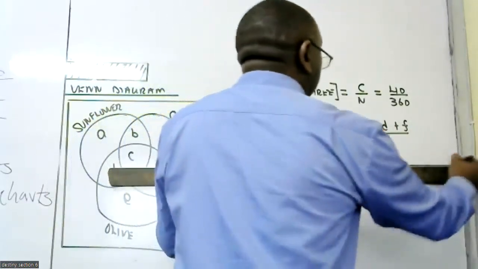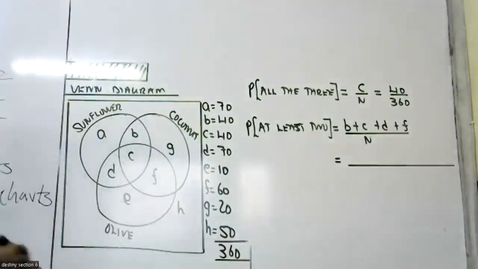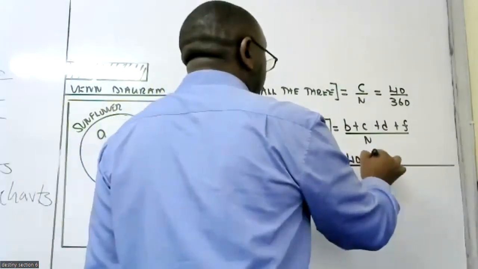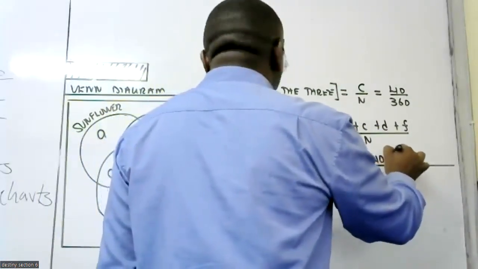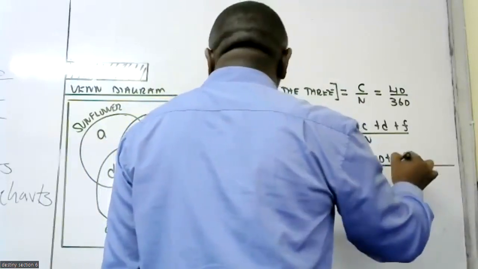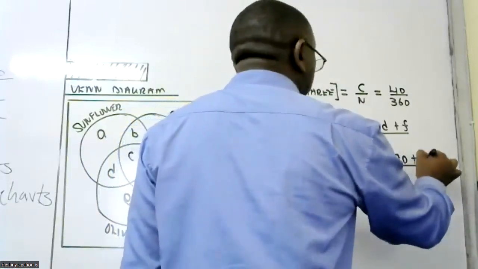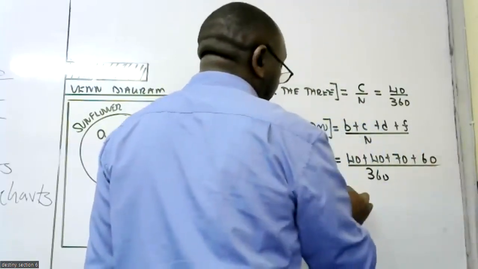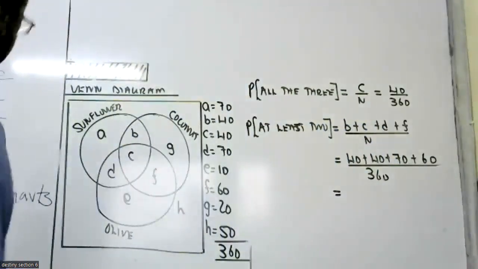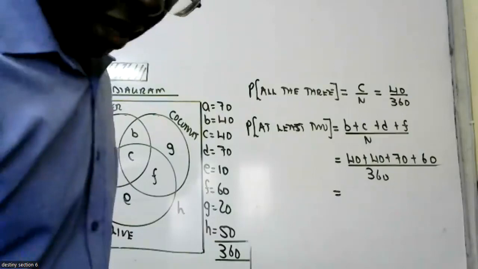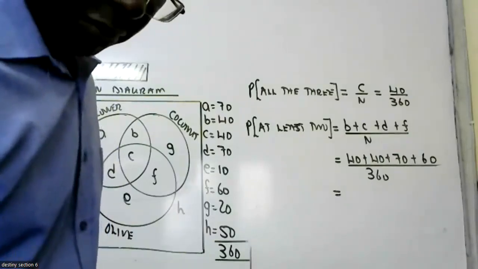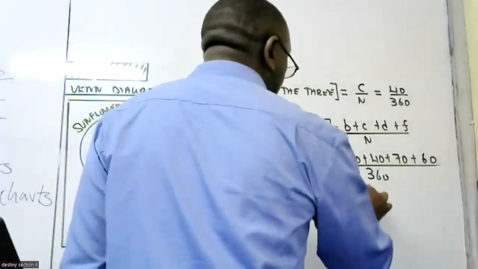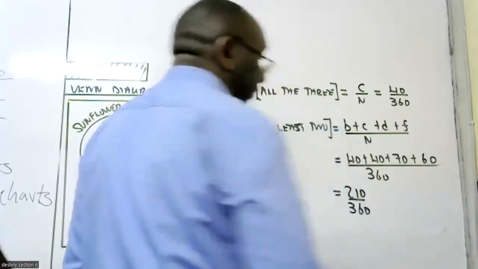So this one, B is 40, plus C is 40, plus D is 70, plus F is 60. We divide by 360. So this is 80 plus 70 plus 60 is 210 out of 360.